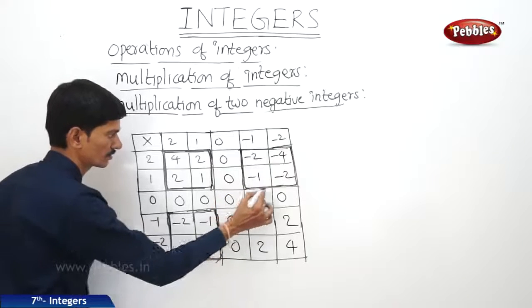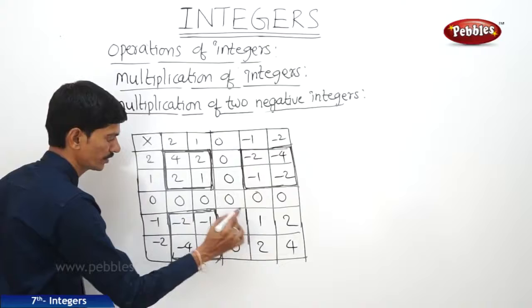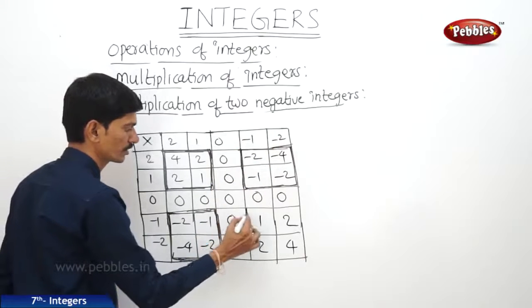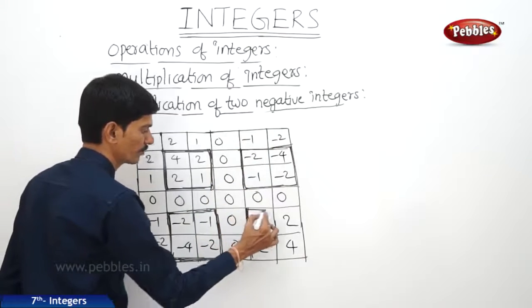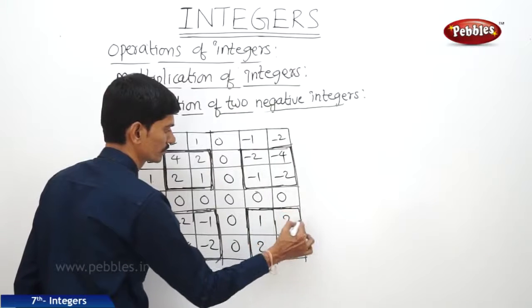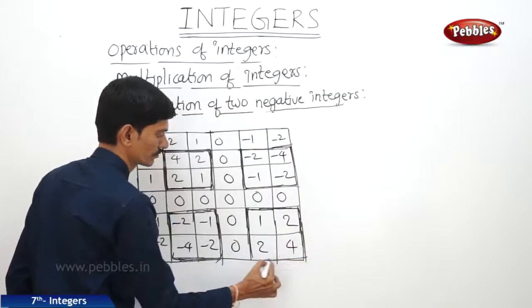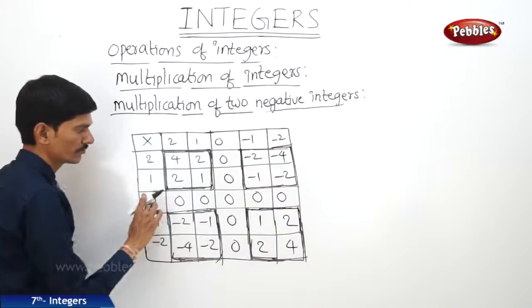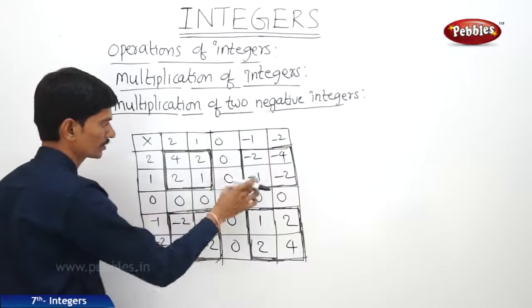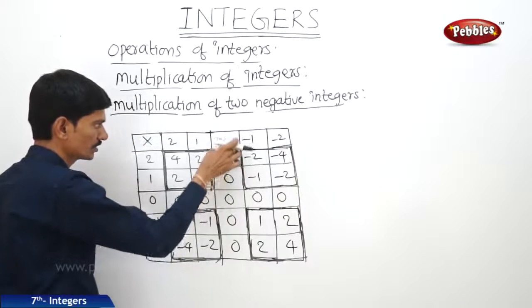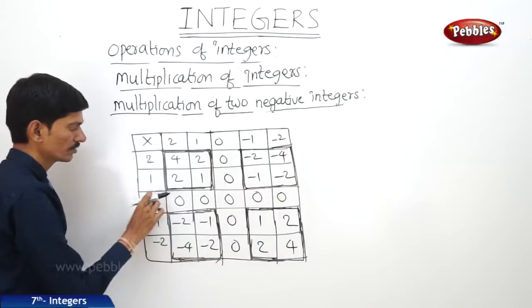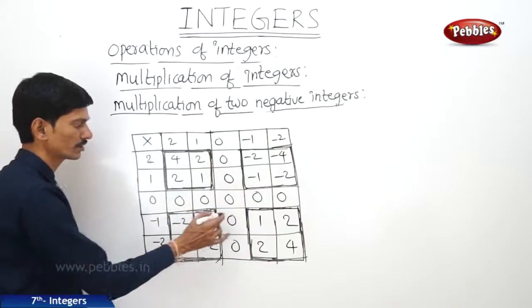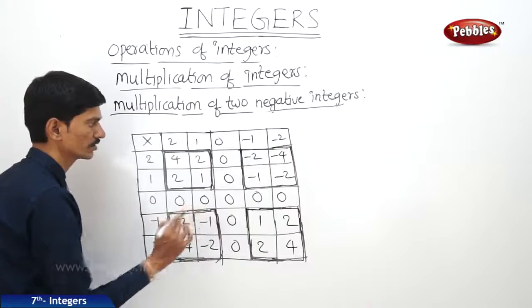And this is the case when you multiply negative integers with negative integers, so then we get the product as a positive integer. And the leftover row and column, this is the case when you multiply 0 with any integer, or when you multiply any integer with 0, so then we get the product is always 0.